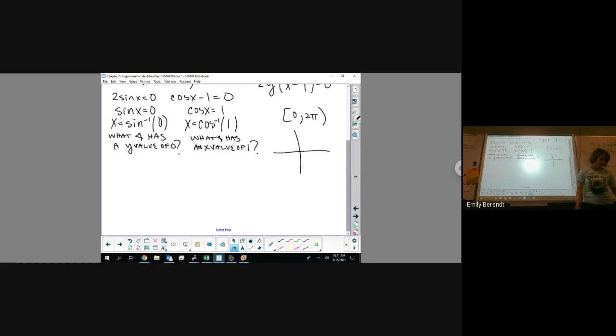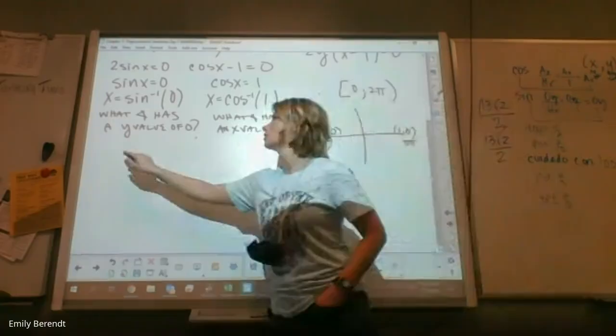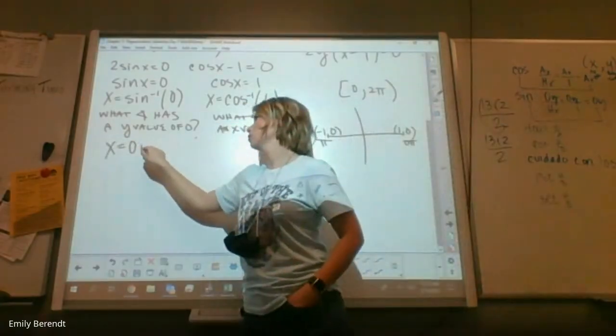The first one wants y's of 0. Y's of 0 are located at 2 of the quadrantals, which would be 0 or 0 pi, whichever you want to call it, and pi. So over here we get x equals 0 pi and pi.